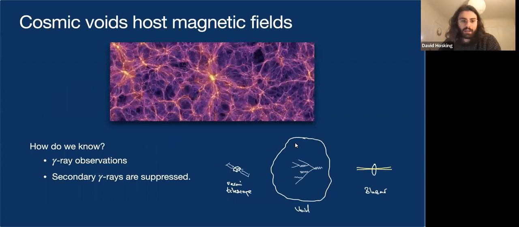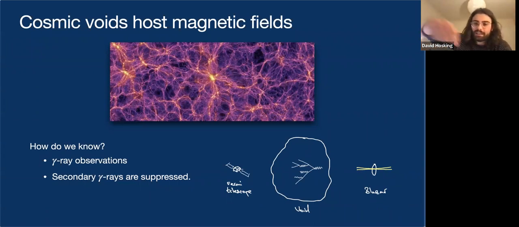The first thing, I'm sure this is not news to anybody here, but just for the sake of introduction, it is believed that cosmic voids, the voids of large-scale structure, host magnetic fields. So how do we know? Well, this fact comes to us actually as a non-detection of secondary gamma rays from distant blazars.